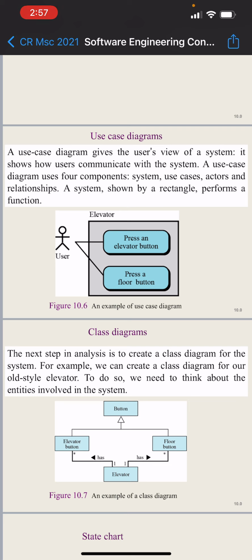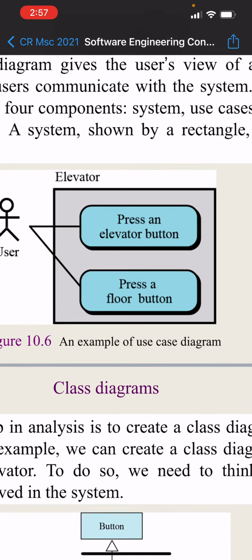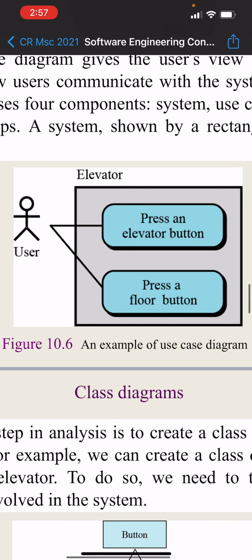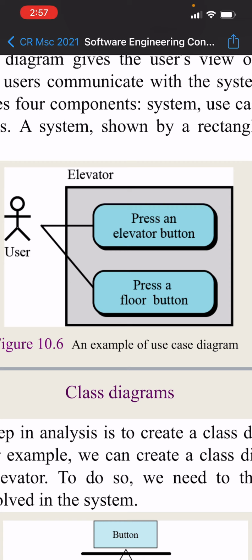Now you can see that the user is interacting with the elevator using 2 buttons. The user presses a button to open the elevator for you, and another which closes the elevator for you. So this is how the user interacts with the elevator.